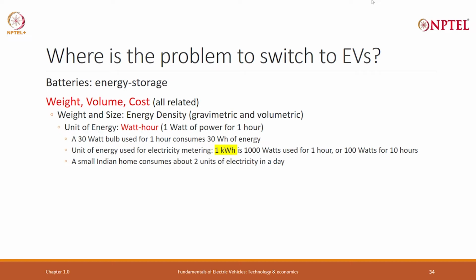A kilowatt hour, which is considered to be a basic unit of electricity, very often it is called 1 unit of electricity, because our electricity at homes and offices are charged by how many kilowatt hours we consume. So, you use 1 kilowatt for an hour, it will be 1 kilowatt hour. Watt hour is 1,000th of a kilowatt hour. For example, if a 30 watt bulb is used for 1 hour, you consume 30 watt hour of energy.